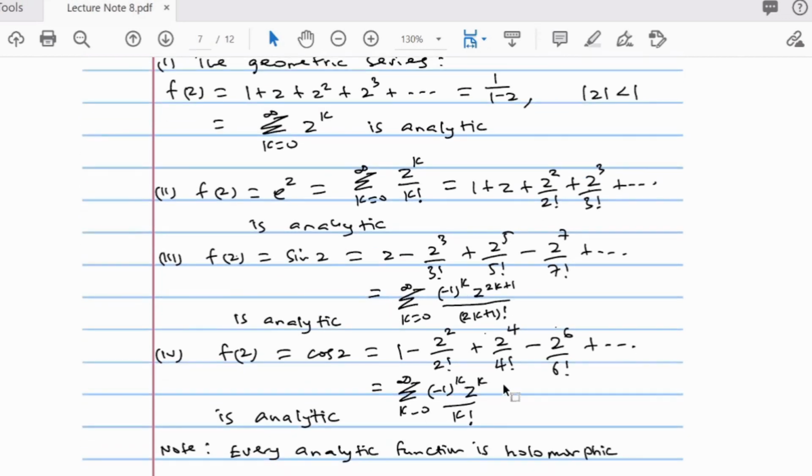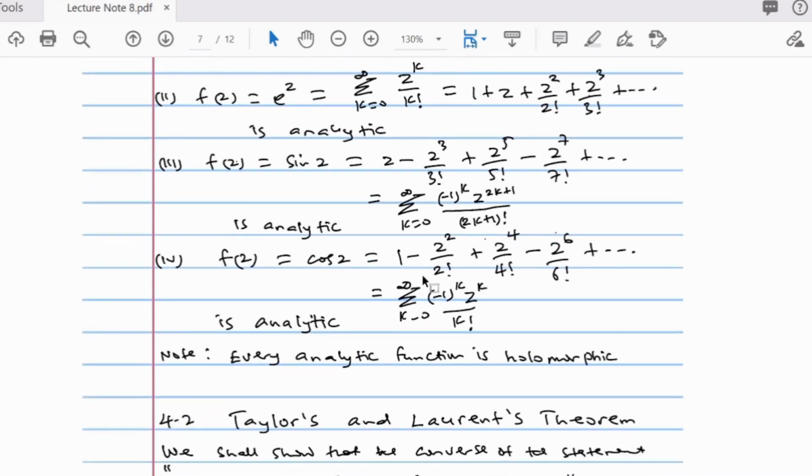This is the power series of sine z. So that means f of z equals sine z is analytic at z naught equals 0, because we can write it in this power series form at z naught equals 0. f of z equals cos z is also analytic at z naught equals 0, because we can write it in this power series form. So this is the power series of f of z equals cos z. This is for sine. This is for e to the power of z.